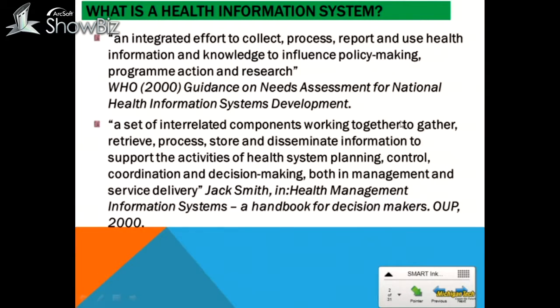Generally, based on our understanding, we just say this is a system related to health, including computers, networks, and databases, and so on. If we think about the health information system, we will consider this kind of stuff.